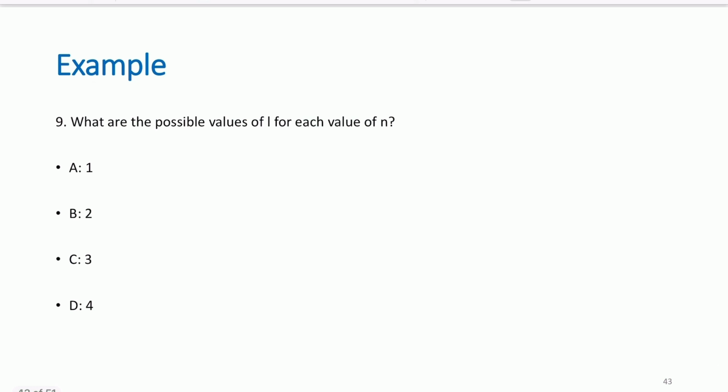What are possible values of l for each value of n? What is l? l tells me the type of orbital I have, meaning is it s, p, d, or f? l equals 0 gives me an s orbital. l equals 1 is p. l equals 2 is d.